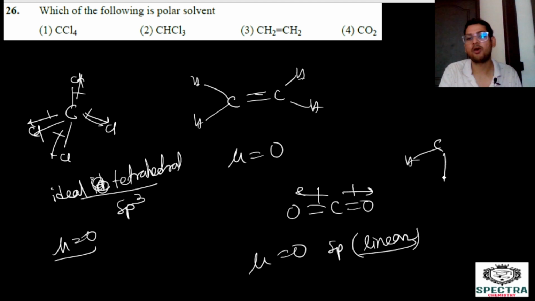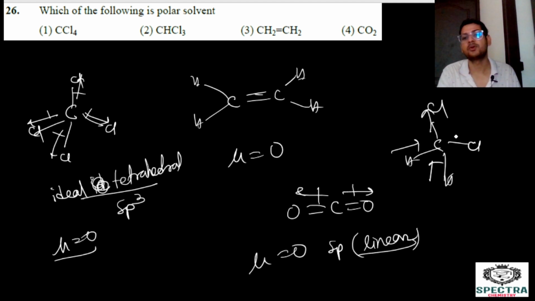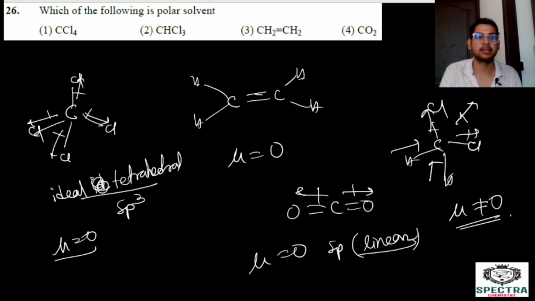Only in case of this molecule the dipole moments are not 0. It is totally one dipole moment. I am getting mu not equal to 0. Sorry, I should write another Cl here, and this bond also like this. So it will not cancel out each other. Why?